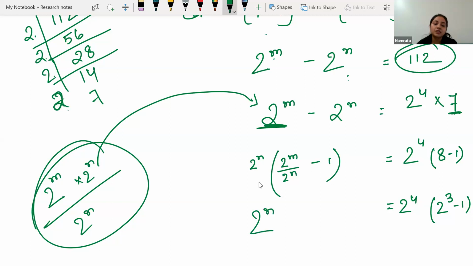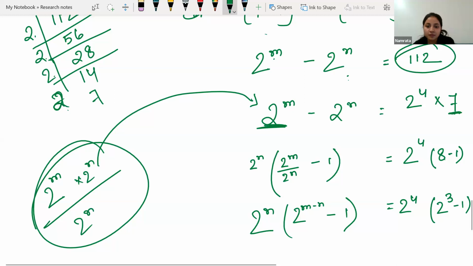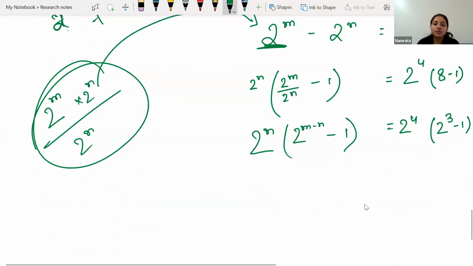That means we are left with 2 to the power m minus n, minus 1. Is it clear so far? Clear, ma'am. Okay.